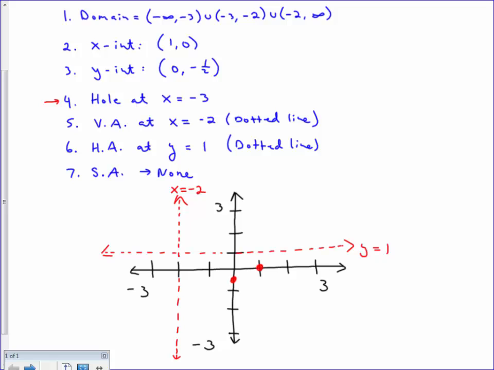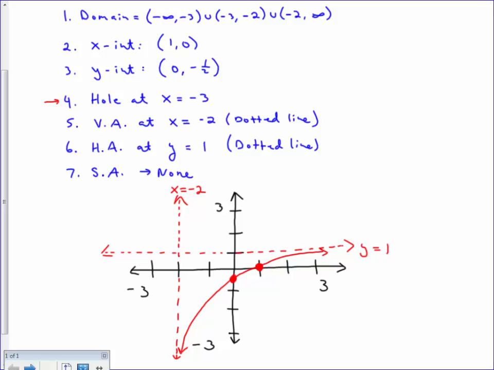If I draw my graph going through these points, we see that the graph must be drawn up towards that horizontal asymptote of y equals 1. Going the other way, we have to be drawn towards that vertical asymptote of x equals -2. So the graph on this right-hand side is going to be somewhat curved and be drawn towards those asymptotes.